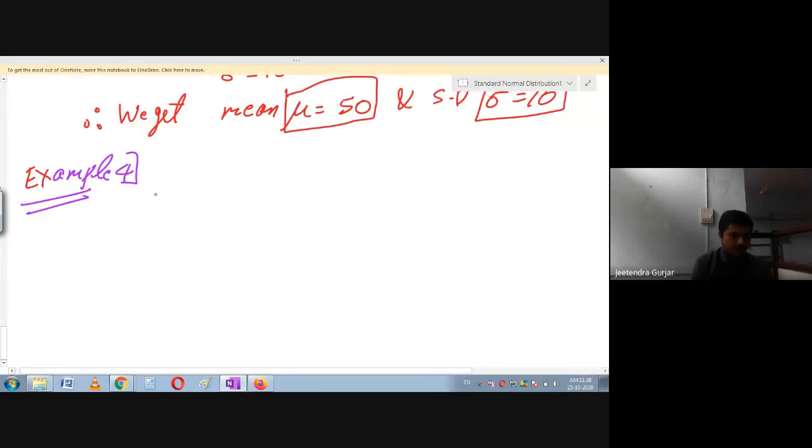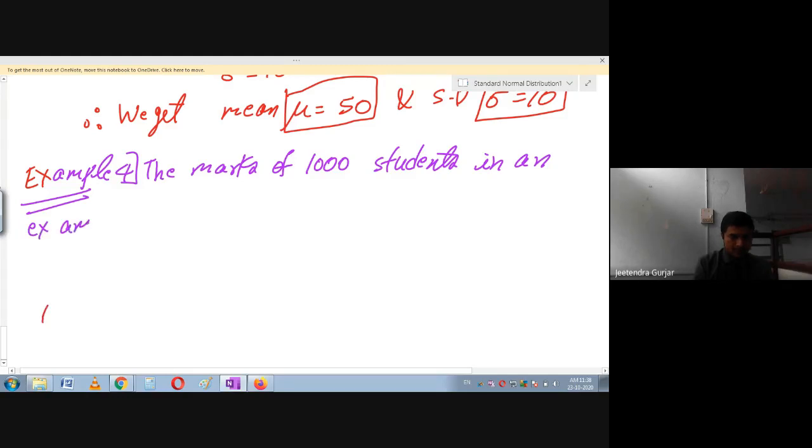So you can see the marks of 1000 students in an examination follows a normal distribution.